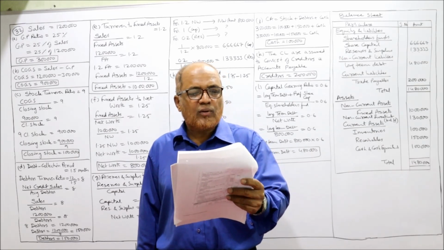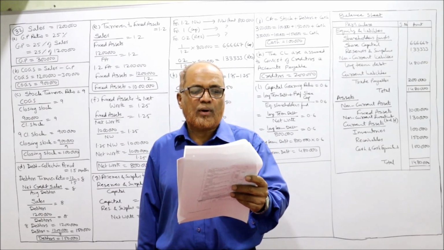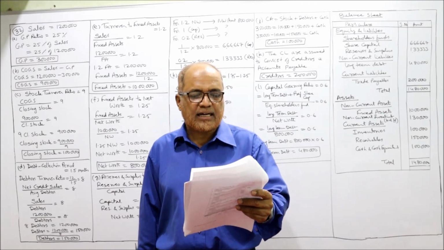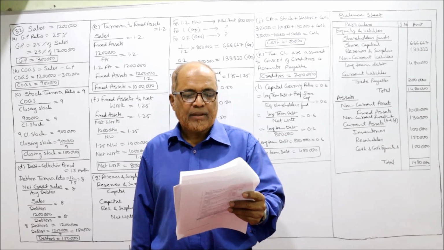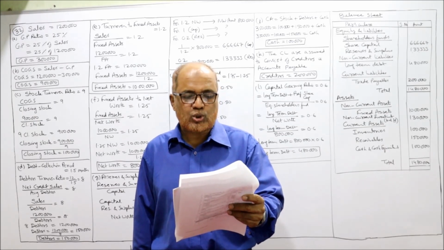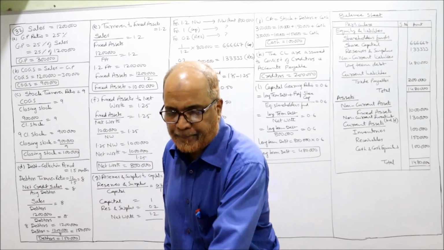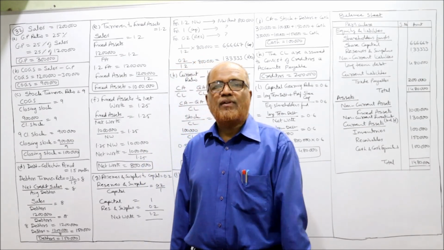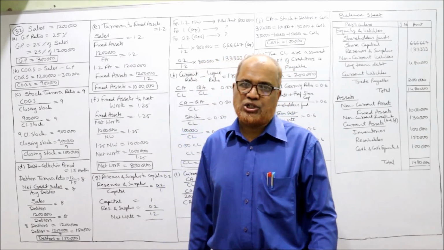So first of all, you can see current ratio, liquid ratio, stock turnover ratio, gross profit ratio, debt collection period, reserves and surplus to capital, turnover to fixed assets, capital gearing ratio, fixed assets to net worth, and lastly sales for the year 12 lakh. By using this information, we have to extract all the values which are required in making the balance sheet.